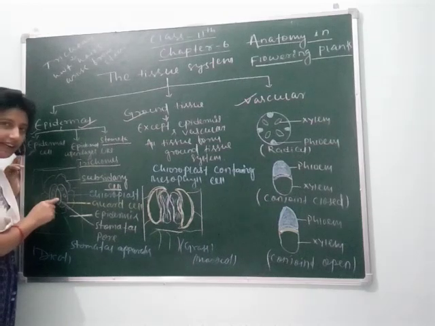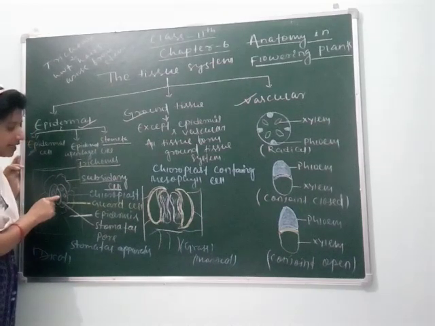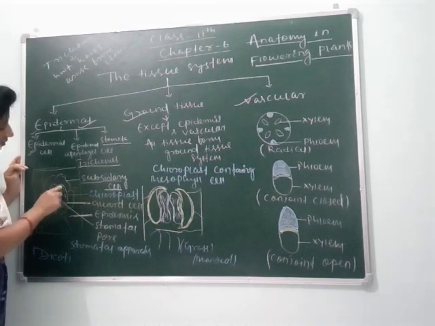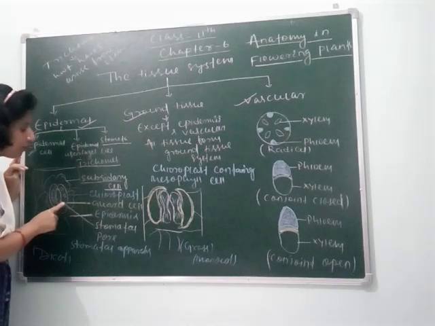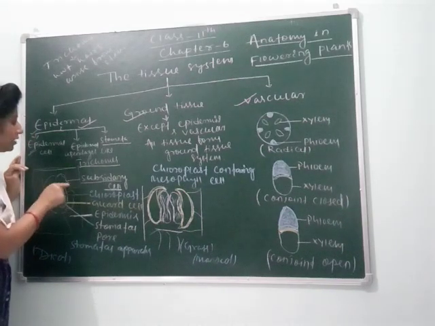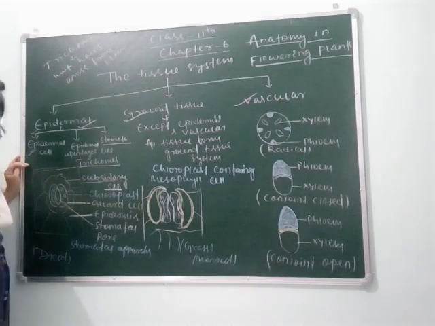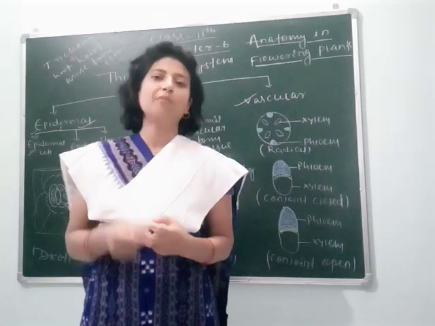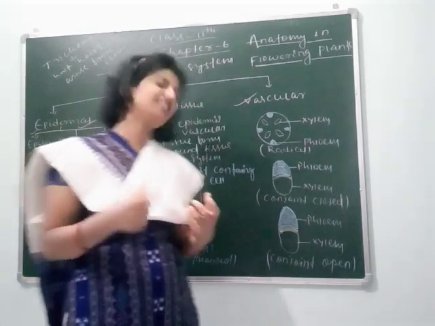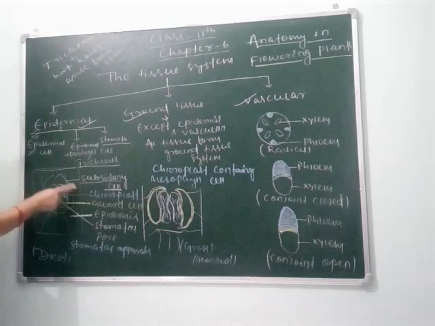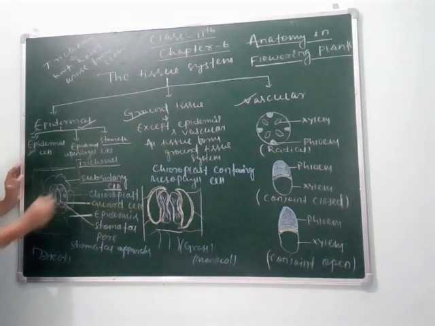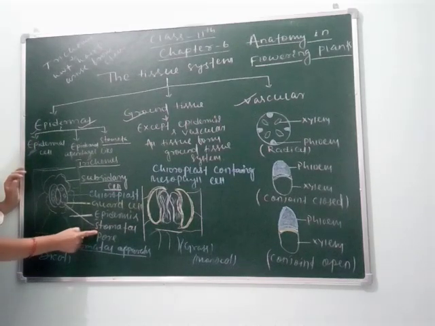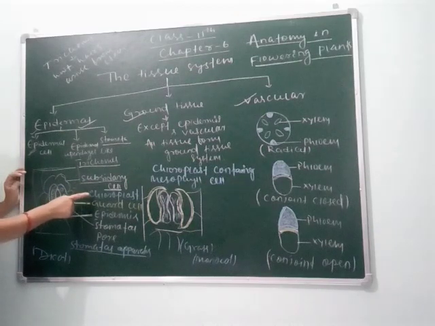Let me repeat: this is your stomatal pore, around it is the guard cell, and inside the guard cell some chloroplasts are present which trap sunlight during photosynthesis. Outside the guard cell there are subsidiary cells, which may change their shape according to the amount of water, or we can say they are specialized cells. So these are the different parts of a stomata, and the stomatal apparatus is formed by the stomatal pore, guard cell, subsidiary cell and chloroplast all together.